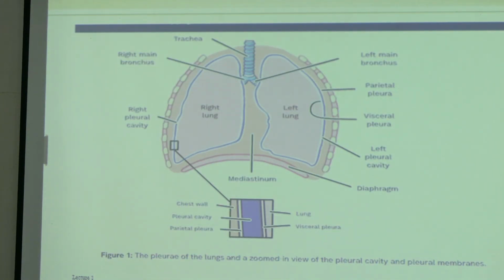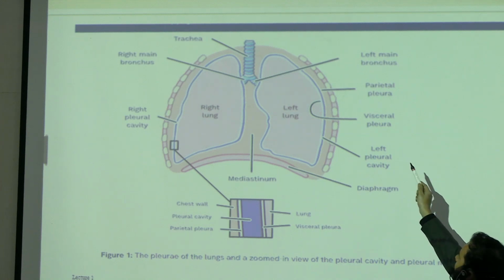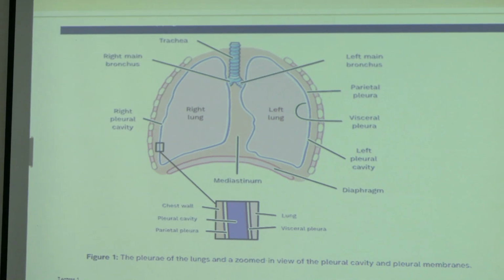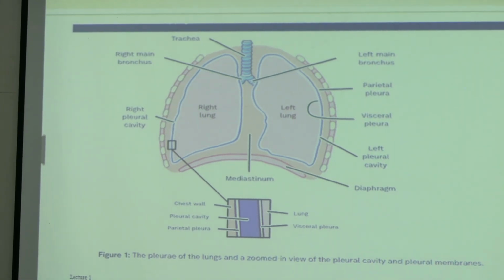Here you can see the visceral pleura and the parietal pleura. These are membrane-like structures. Here, the visceral pleura is the layer attached to the outer surface of both lungs, right?